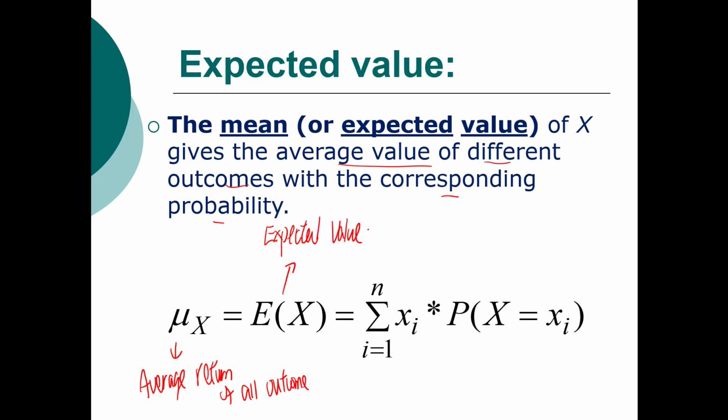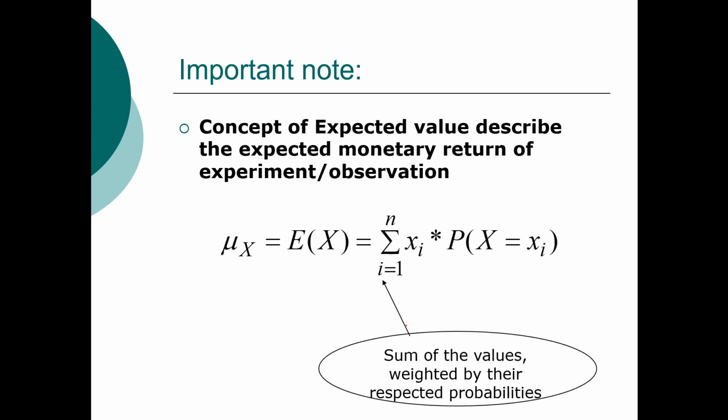And that's equal to the sum, this symbol means sum up, all each outcome with the corresponding probability, and here the outcome is in terms of monetary reward or loss. And then you sum up all these products and we get a result. So the concept of expected value describes the expected monetary return in the real world in terms of finance.